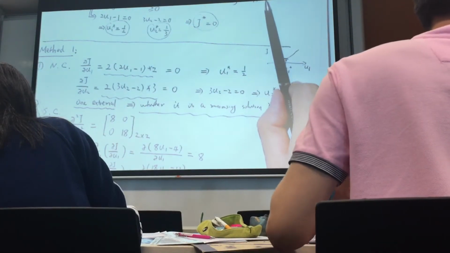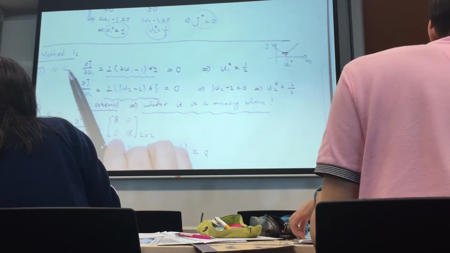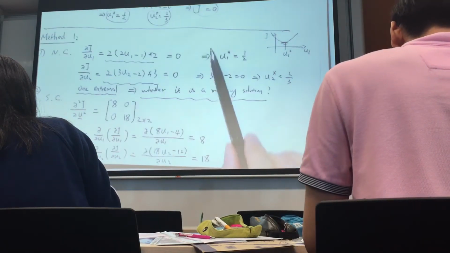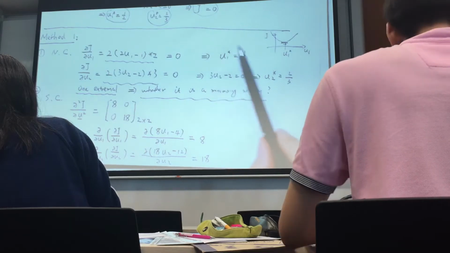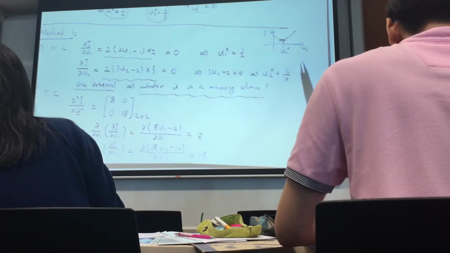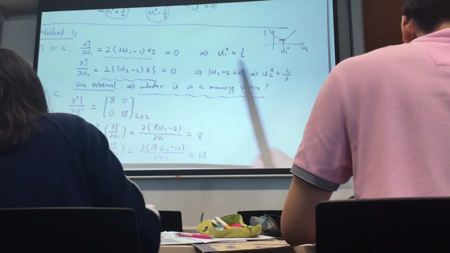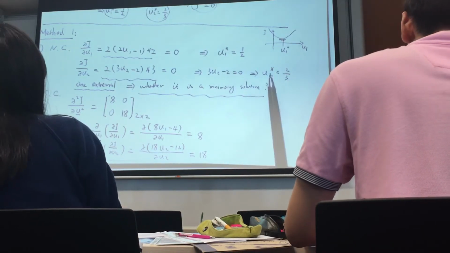By using the first order equation, you will get a set of potential solutions. Because it is a two-dimensional problem, each point contains two components.